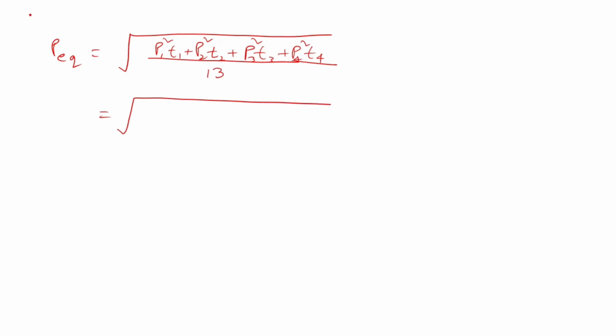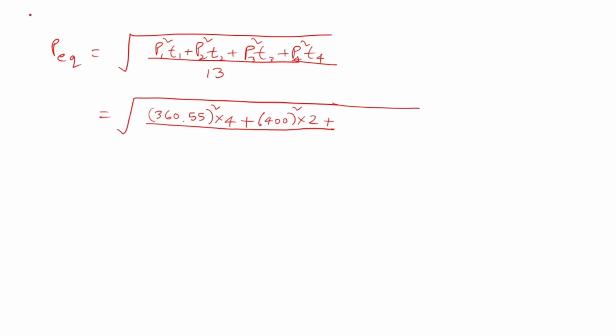Now if we put all the values, P1 was 360.55 square into time interval 4, plus 400 square and 2 minutes.